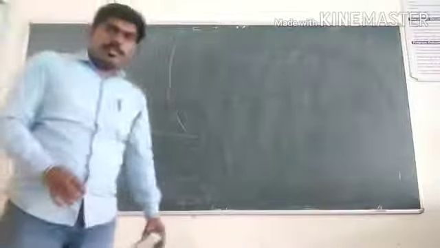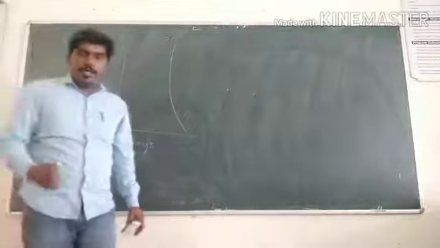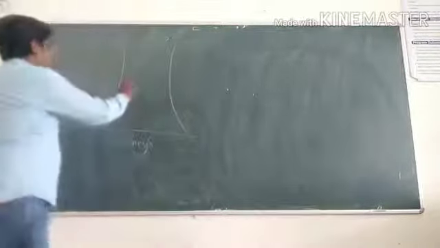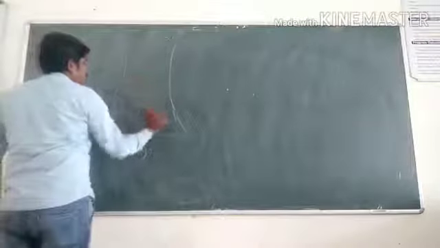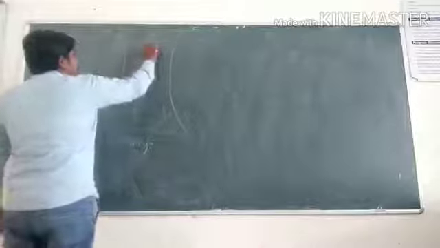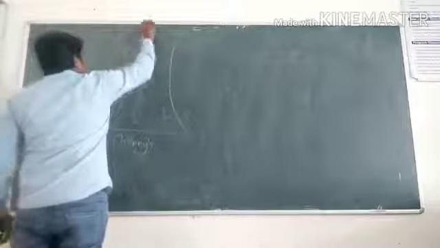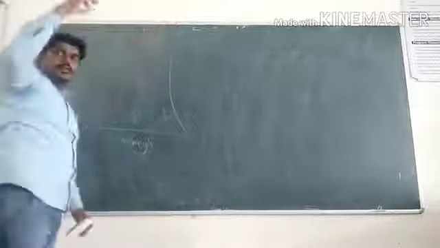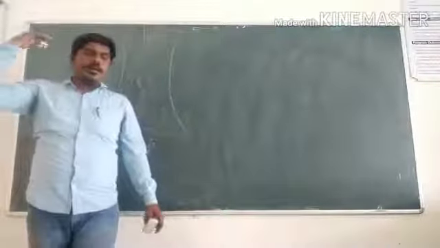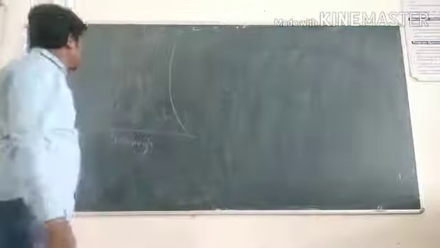Its main function is to release the flue gases, the poisonous gases, into the atmosphere. All the poisonous gases will be present here, and that gas is released into the higher, top layer of our atmosphere.